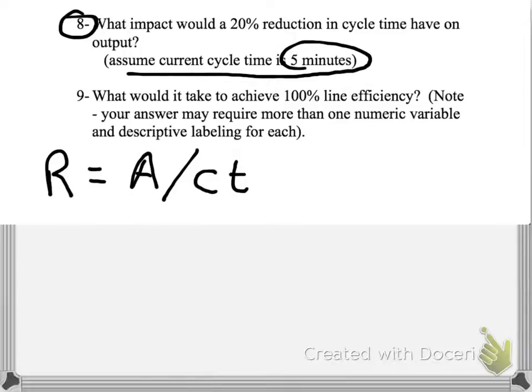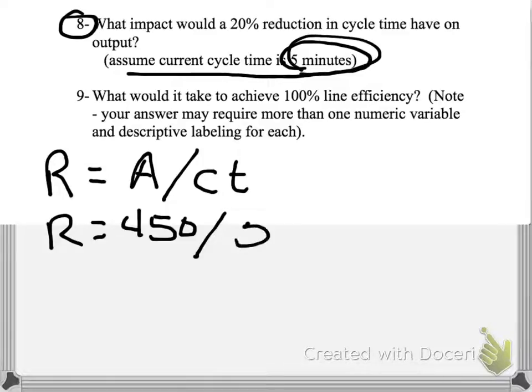Remembering that we've got 450 minutes of available time divided by a cycle time of 5 minutes, 450 divided by 5 leaves us with an output of 90.